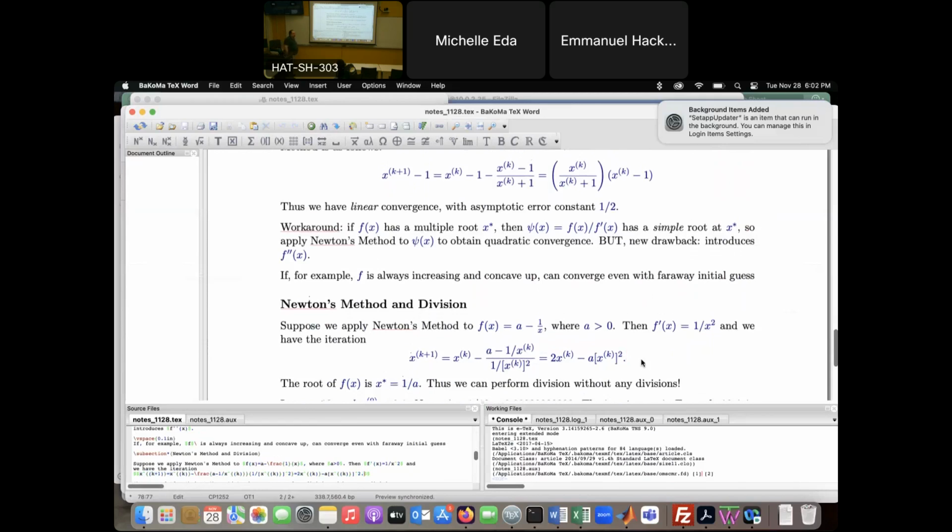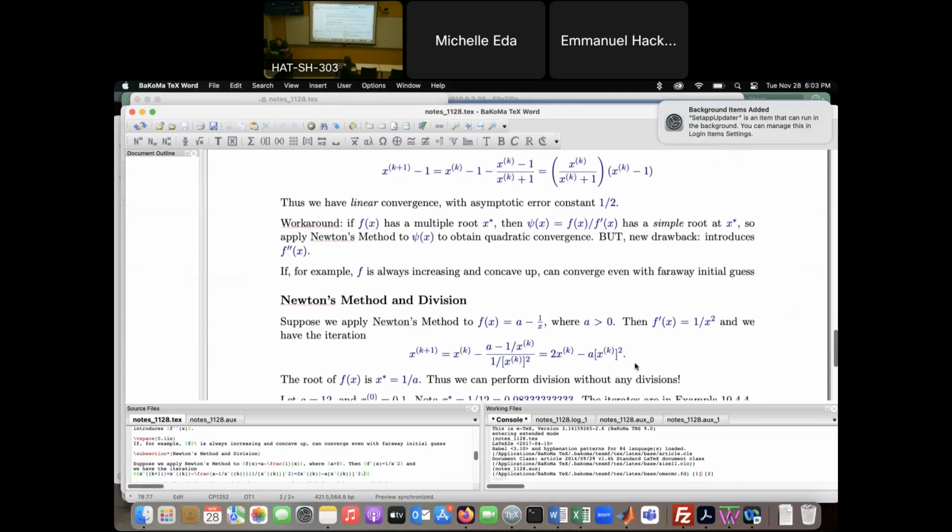I believe it was an old IBM computer, from the 60s or so. They did not have a division circuit. They had circuits for addition, multiplication, and subtraction, and division was carried out in hardware using this. Now it didn't last, but that shows that because this converges rapidly, not many computations were needed.